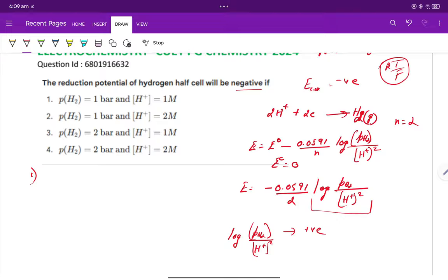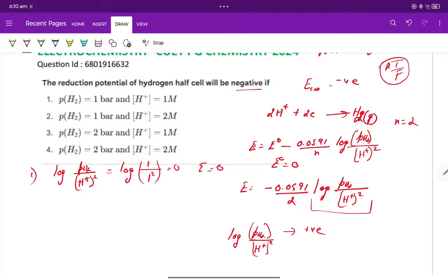So it will be log of pH2 by H plus square, which is log of 1 divided by H plus square, and that is 1 molar, so that will be 1 square. So that will be log 1. Log of this value will be equal to 0, meaning your E value will be equal to 0.